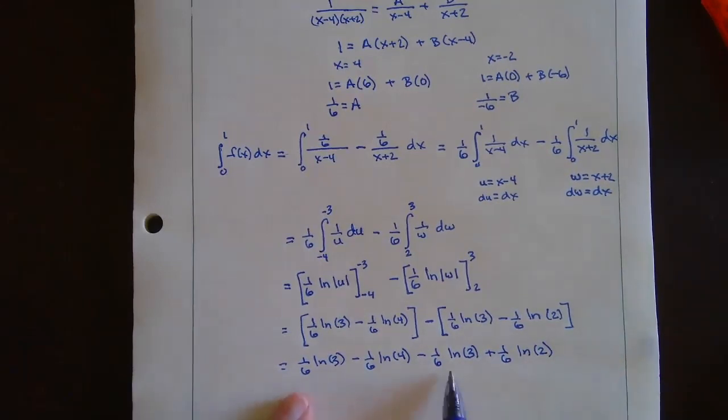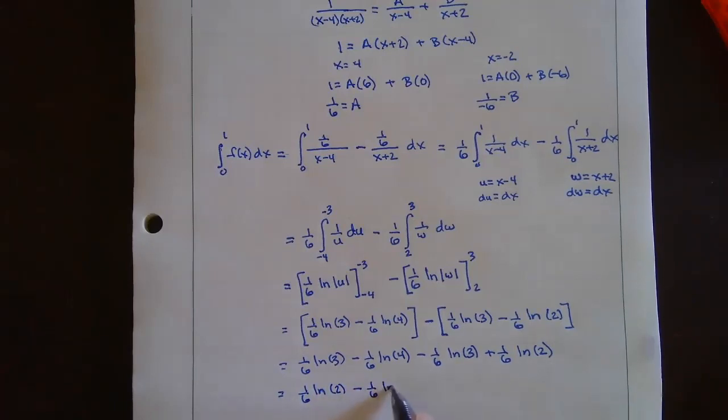These two are going to cancel out, because we have 1/6 natural log of 3 minus 1/6 natural log of 3. So this would be 1/6 the natural log of 2 minus 1/6 the natural log of 4.